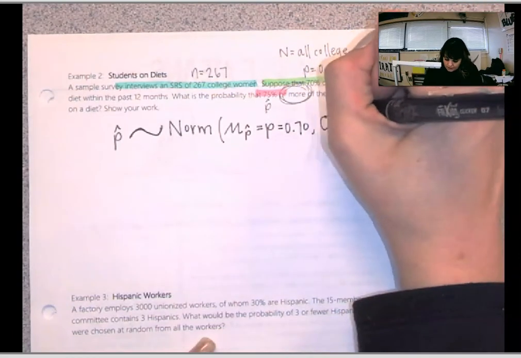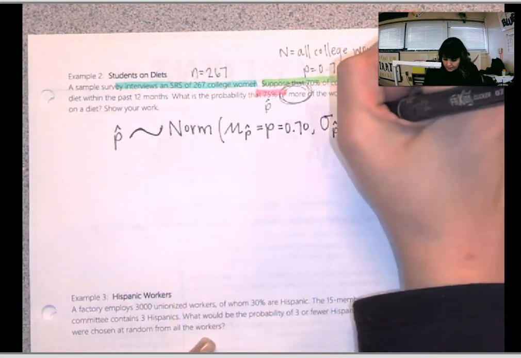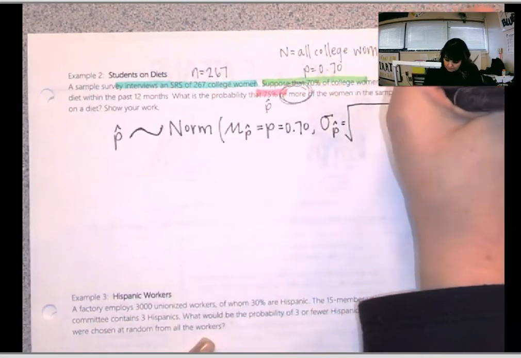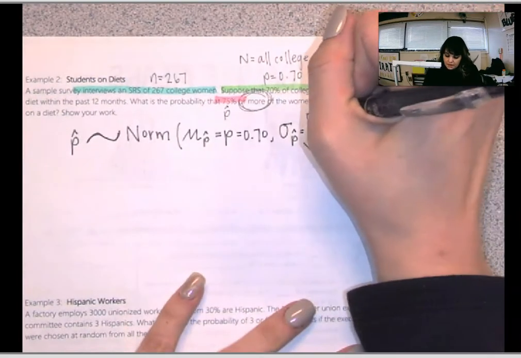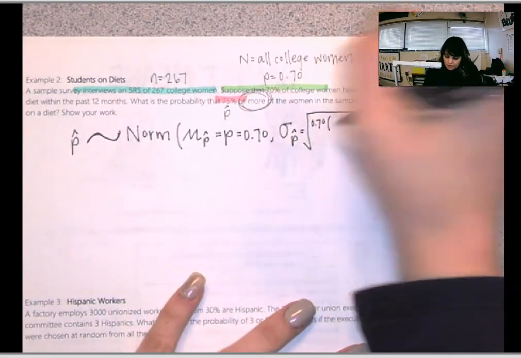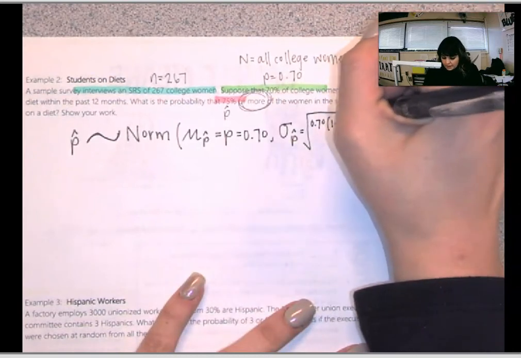And a sigma sub p hat of the square root of p, 0.7, times 1 minus p.